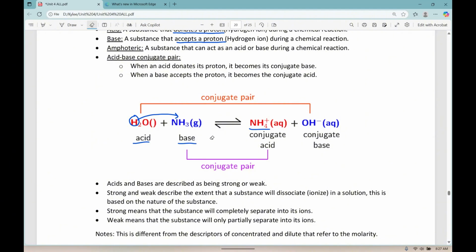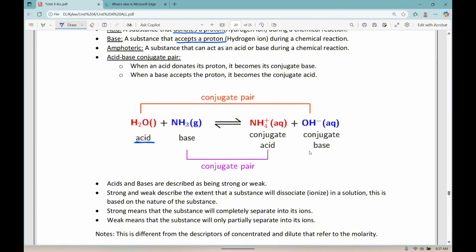On the right-hand side of the equation are what we call the conjugates of the acid and base. So this becomes important again in Unit 8 when we deep dive acids and bases and talk about something called buffers. But essentially, what is acting as the acid on the left-hand side becomes the conjugate base, and those are linked together as an acid-base conjugate pair.